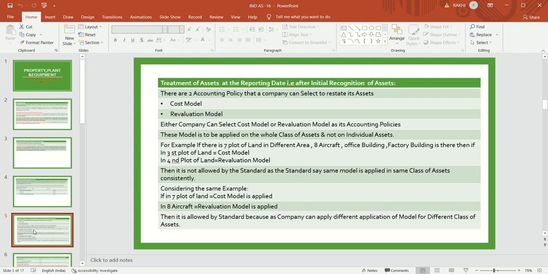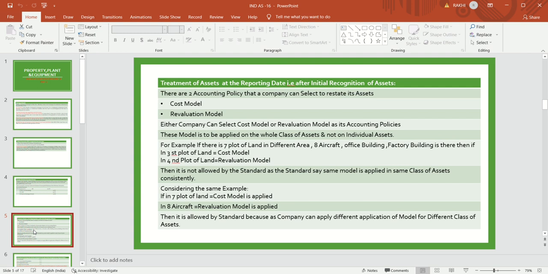These models are to be applied on the whole class of the asset, not on individual assets. Either you follow the cost model or you follow the revaluation model for the class of assets. Like if the company has 5 buildings in different locations, but the nature and class of the building is the same, that is office buildings, that is the same class of asset.